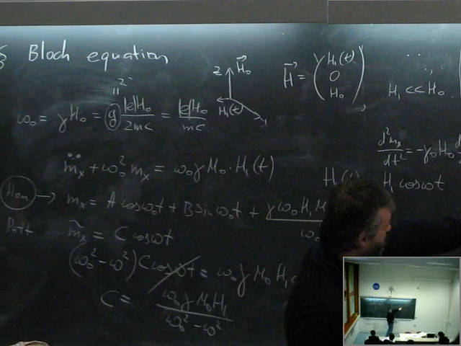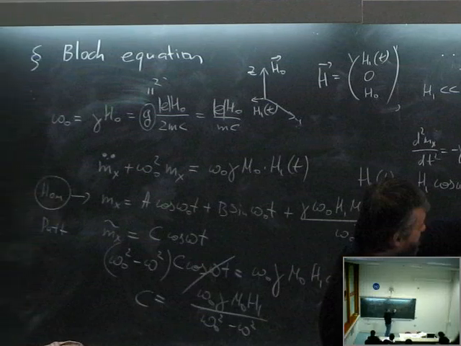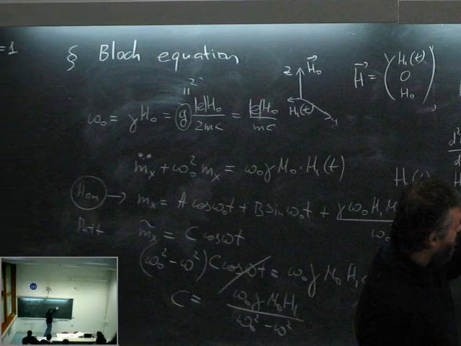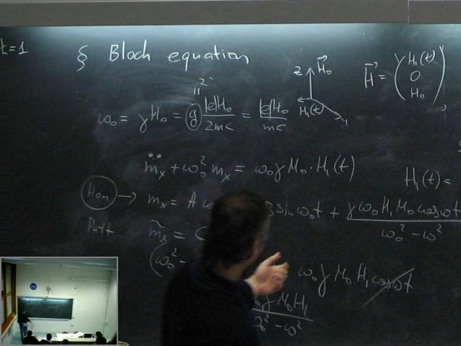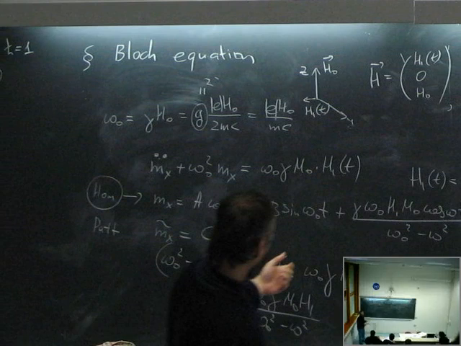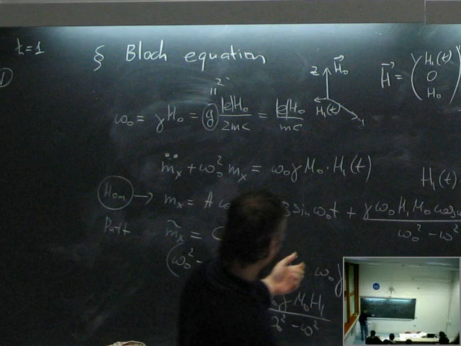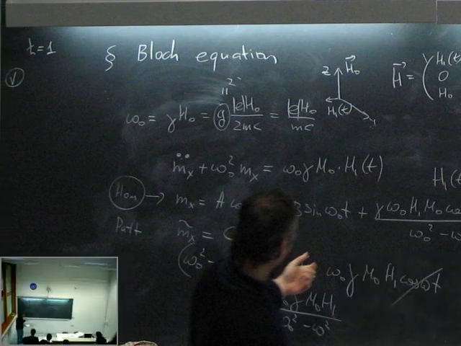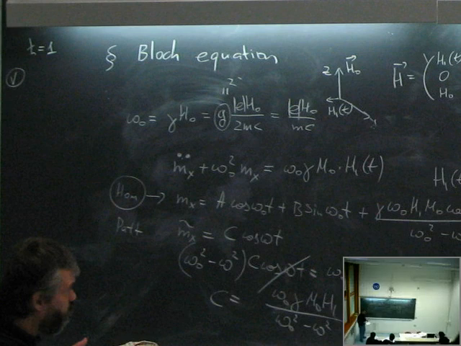I can now find my. I just invert it, so my is equal to minus 1 over omega naught times dmx over dt. So what I need to do is differentiate this solution. Of course, if I postulate some initial condition, what my magnetization was equal to at time equal to 0, I will find the complete solution of the problem.